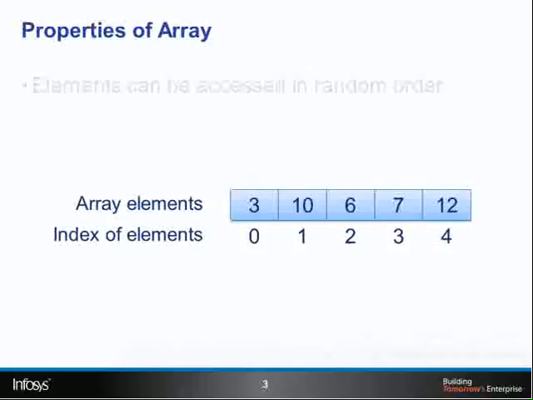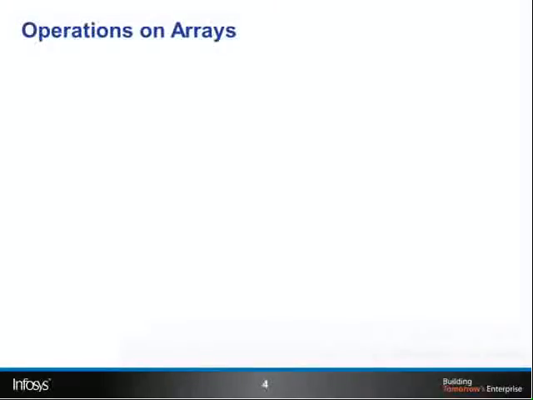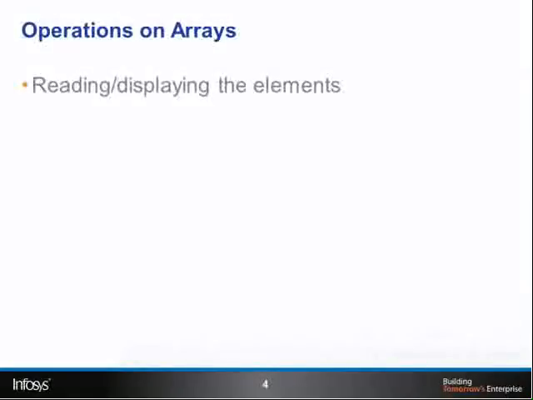There are 3 basic operations that we can perform on an array. The first operation is reading the elements of an array. We have already discussed it. Because we know the position of the data elements in an array, it is easy to read the data elements by knowing their position.